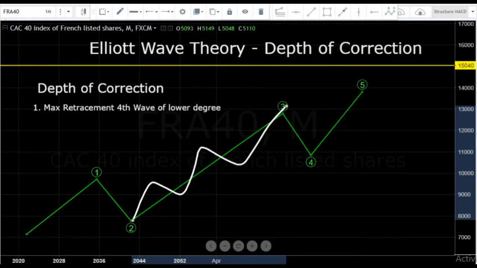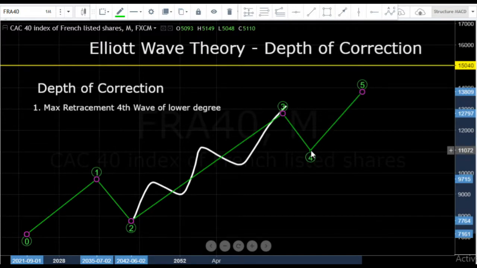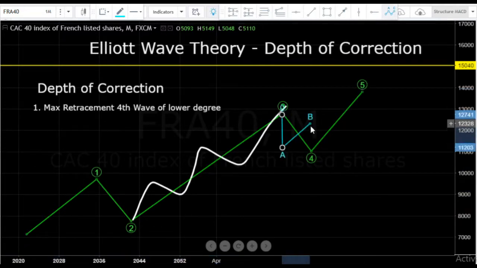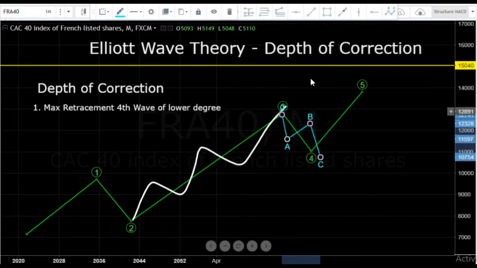And the tendency is, and that's why it's a guideline and not a rule, the tendency is for this correction, and remember this correction will be some sort of ABC, maybe it might be a diagonal, might be a flat, could be a triangle. The tendency is for the maximum retracement, in this case C, to fall within the span of wave 4 of a lesser degree.